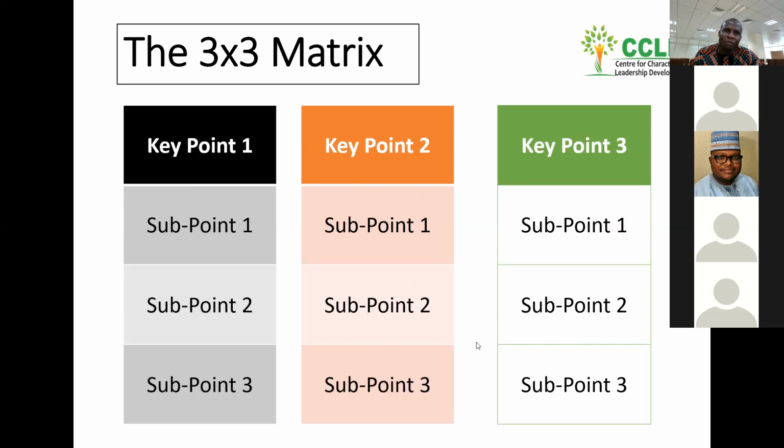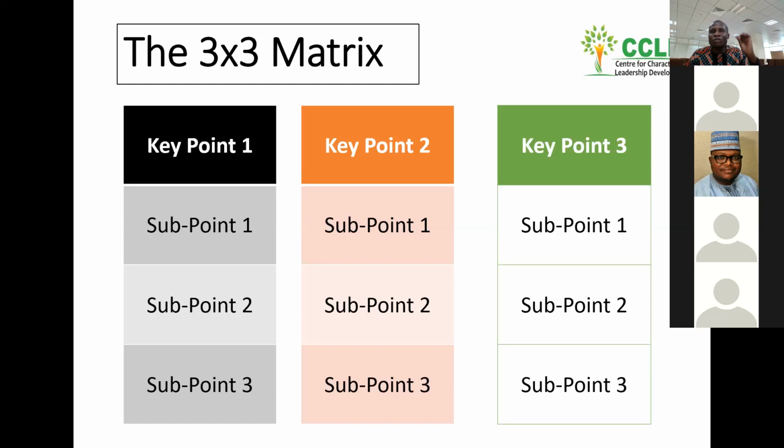And your speech is done. So during your practice, what you are really looking at is, I have point 1, point 2, point 3. On the other hand, I have sub point 1, sub point 2, sub point 3. So all that you are gathering to your head is your sub point and key point. Once you remember the key point, you will also remember all the stories around the key point.